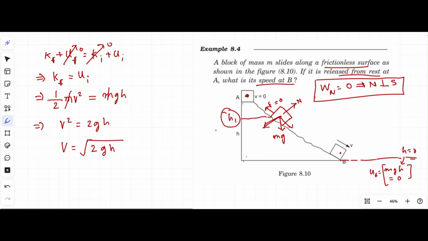In that case also, the kinetic energy at point 1 plus potential energy at point 1 will equal a constant, which will also equal the sum of kinetic and potential at final and the sum of kinetic and potential at initial. I have explained it all in detail in the theory classes.